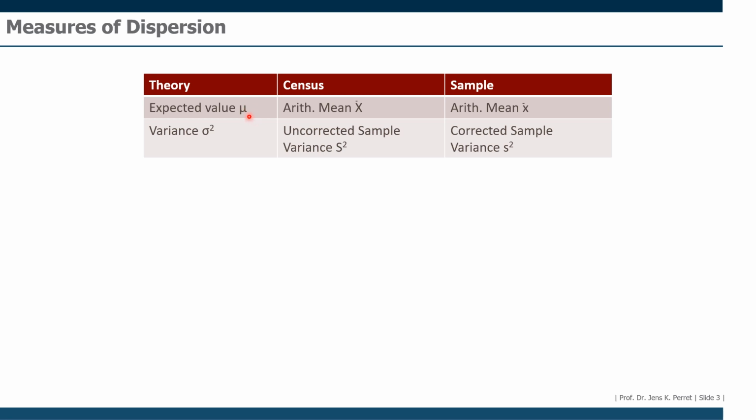However, if I throw the dice a certain number of times and I calculate the average, not necessarily will I always get 3.5. That's because in this case I'm working with the arithmetic mean and with sample data. And the same thing which holds for the average, for the arithmetic mean, also holds for variance and standard deviation and all the statistics built in one way or another on them.